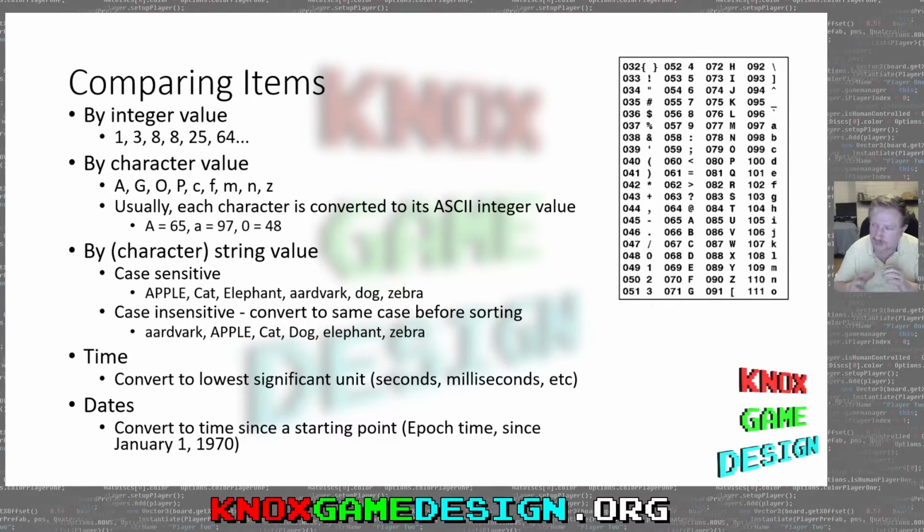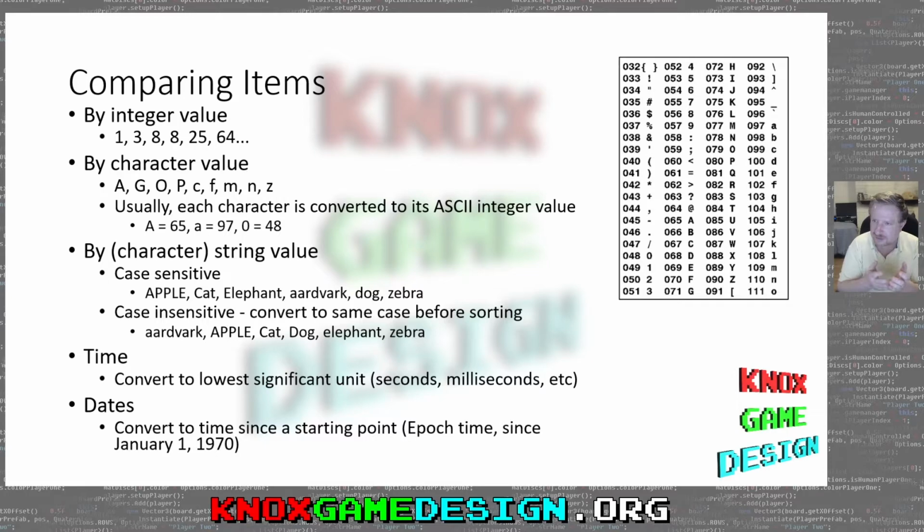And I'm not going to talk about it in this presentation, but some other things that you may want to sort, as I talked about earlier, is time. What you want to do with time is sort by the lowest common denominator. If you've got a time in seconds, you want to convert everything to seconds or minutes or milliseconds or whatever. You just want to make sure you take the hours, the minutes, and seconds, and multiply all those out.